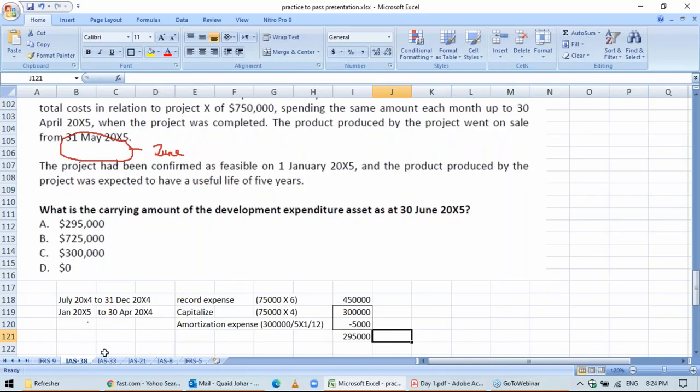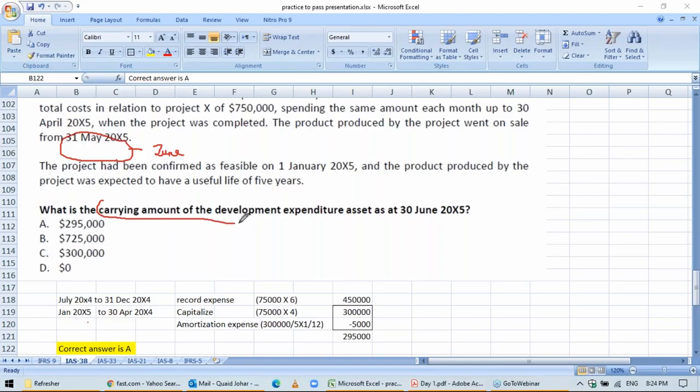The correct answer is, see what they asked for, the carrying amount.